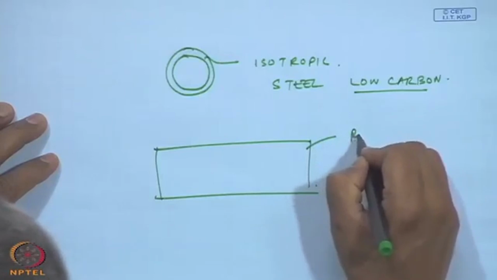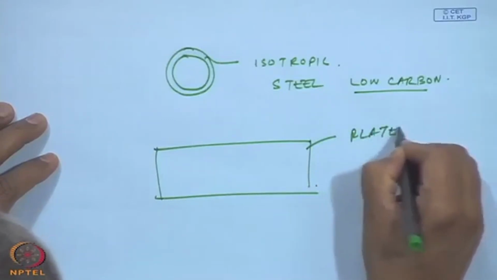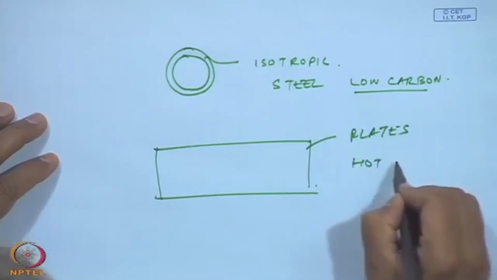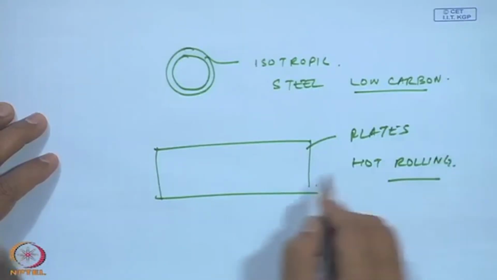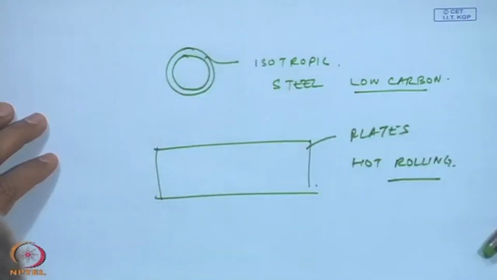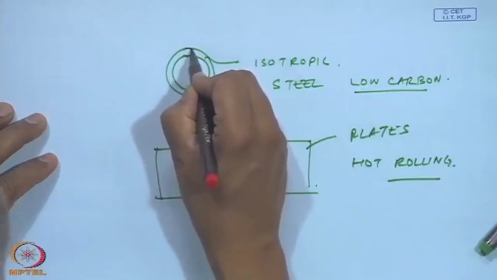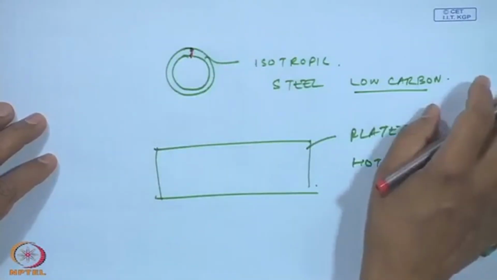These plates are produced by hot rolling. And then they are welded at one location.